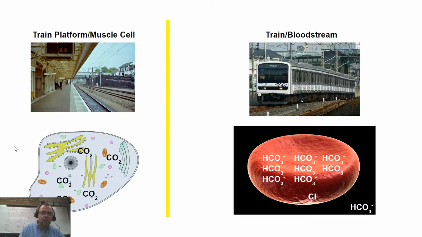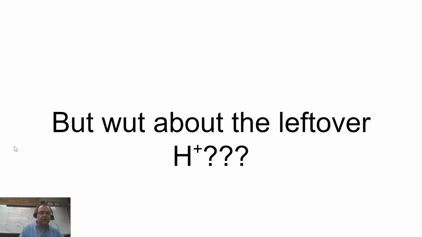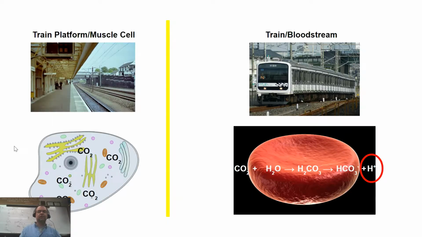What about that leftover H+? We have to do something about it, otherwise it's going to become acidic and we're going to drop our pH and denature proteins, effectively tenderizing ourselves from the inside out. Remember that hemoglobin that got freed up when we dropped off the oxygen in the muscle cell? There's hemoglobin lying around.